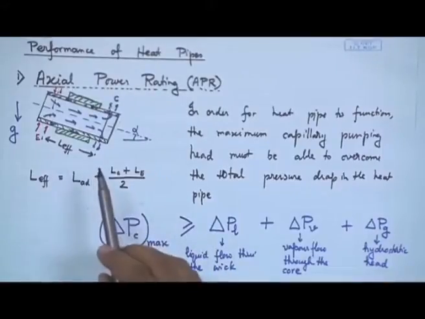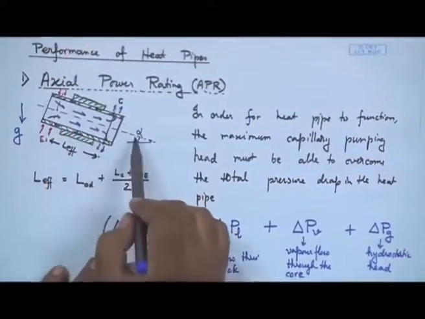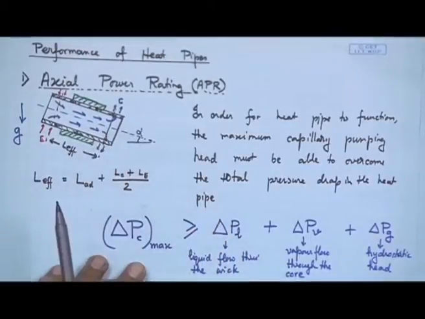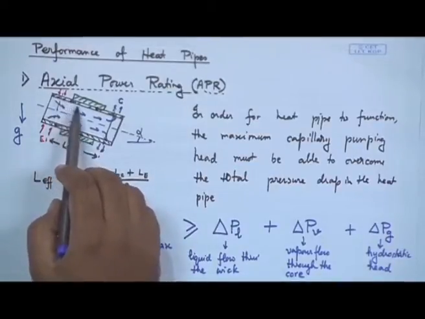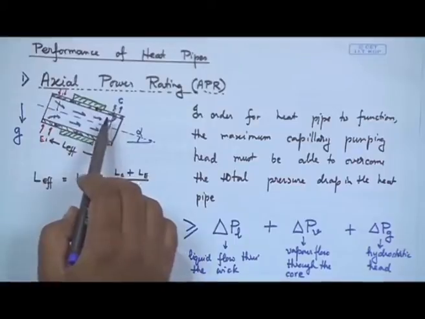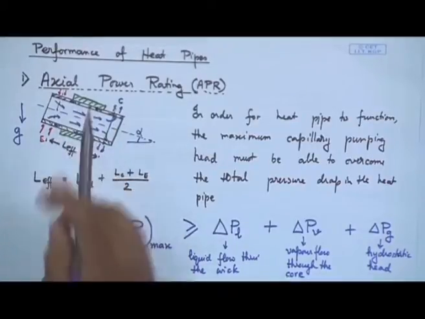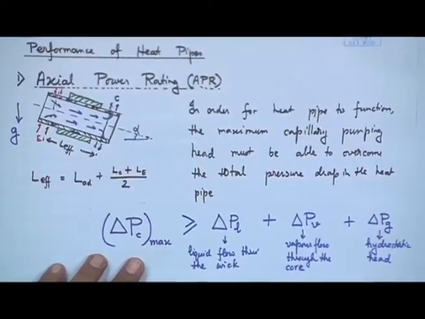If you look at this diagram, as the liquid is pumped through the wick, it also has to overcome the force due to gravity, because the tendency of the liquid will be to come down along the direction of gravity, and the capillary pumping head has to prevent that also and force it to flow in the opposite direction. So, that is the hydrostatic head, clear.